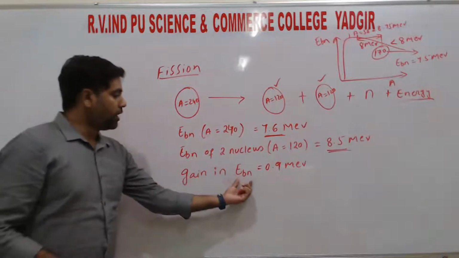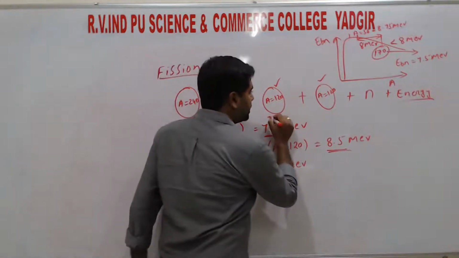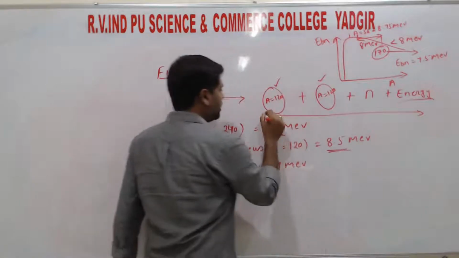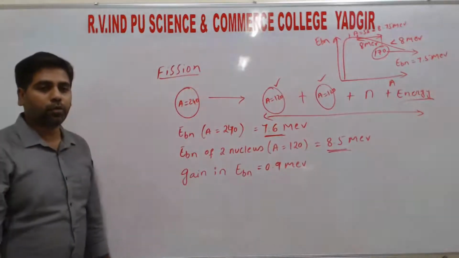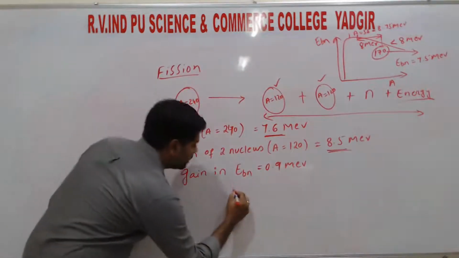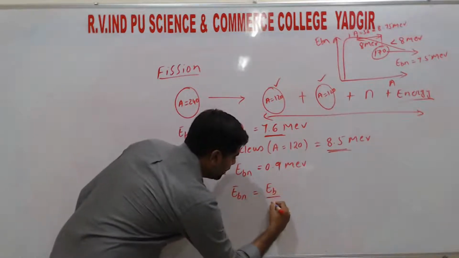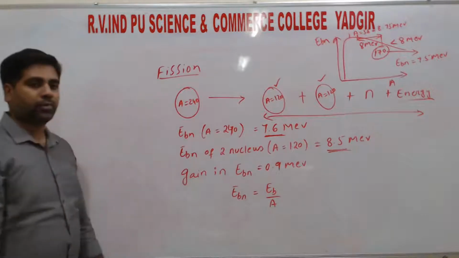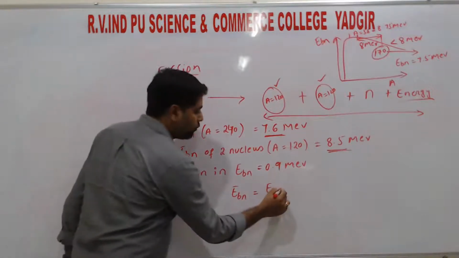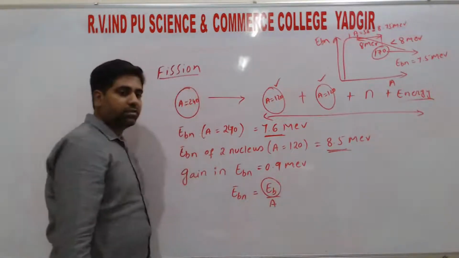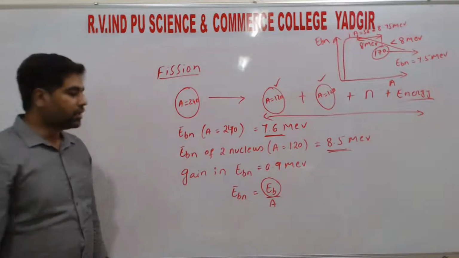So from this we are going to find the energy released during the nuclear fission process, right? For that we have the binding energy relation EBN equals EB divided by A. From this we find the energy, which we call the disintegration energy.